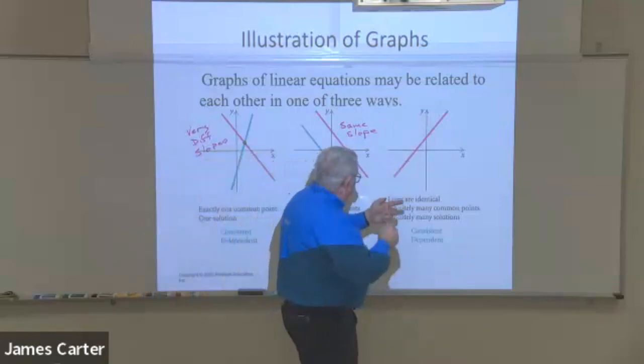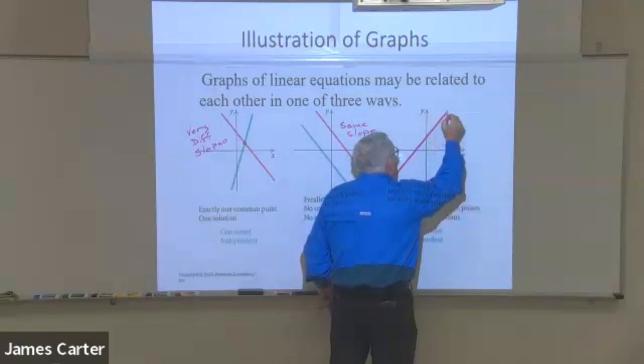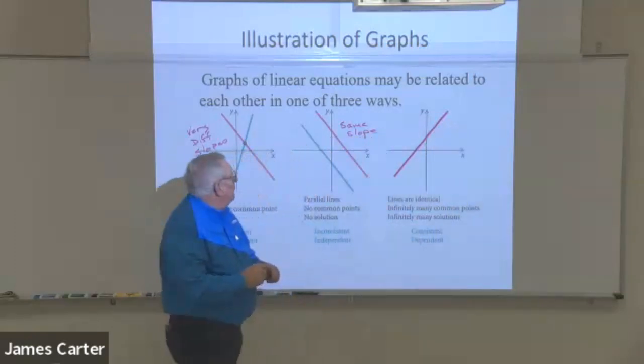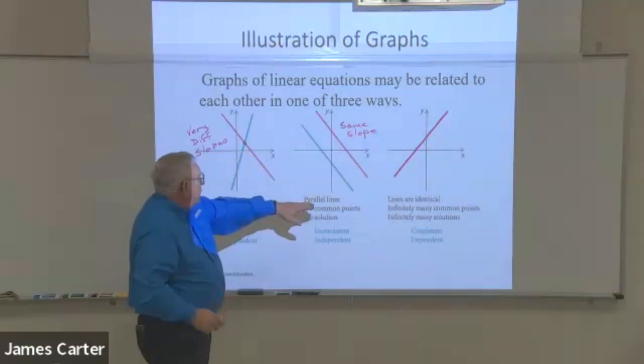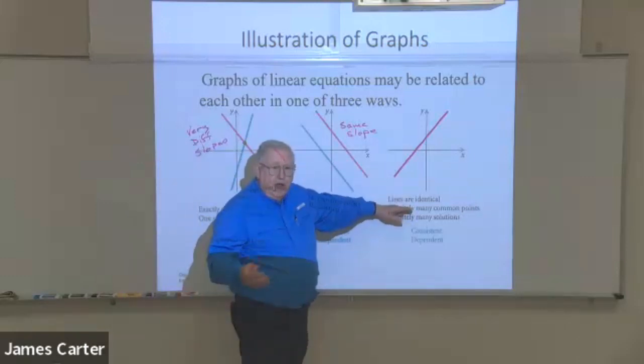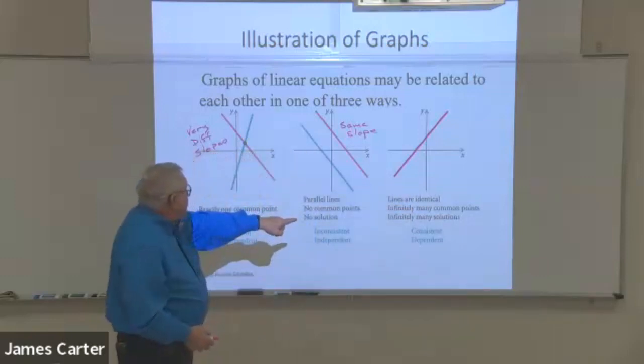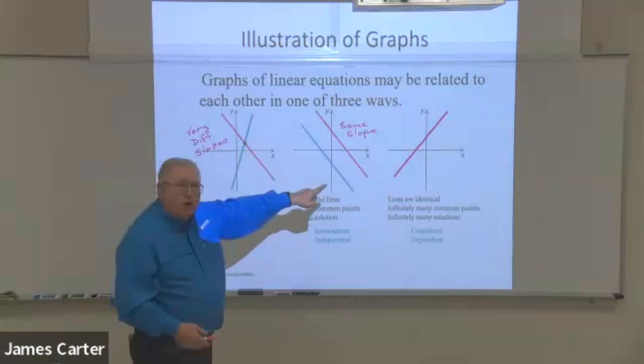And then we have what is really the same line. Now, they're identical, they're just in different forms. Perhaps one is a multiple of the other. Okay? They are consistent because they share all points.